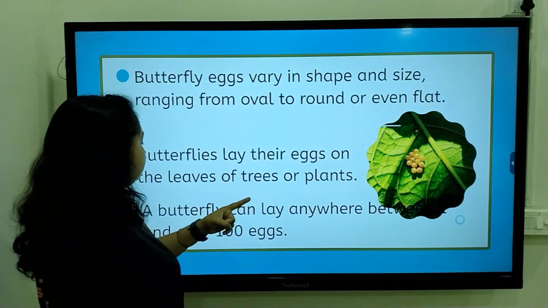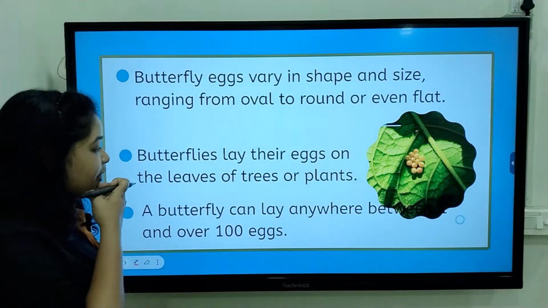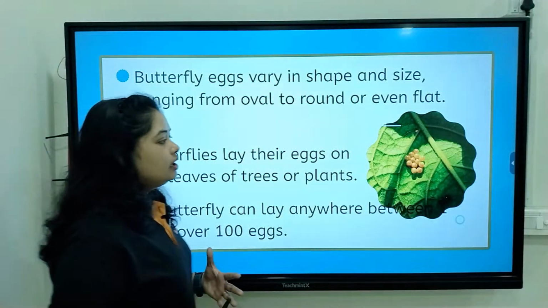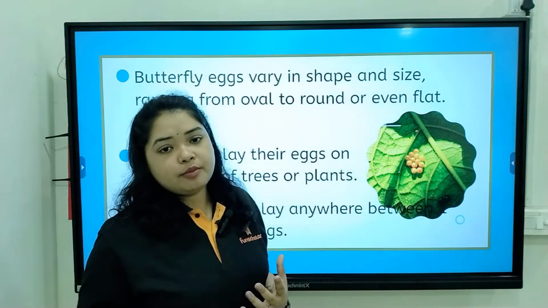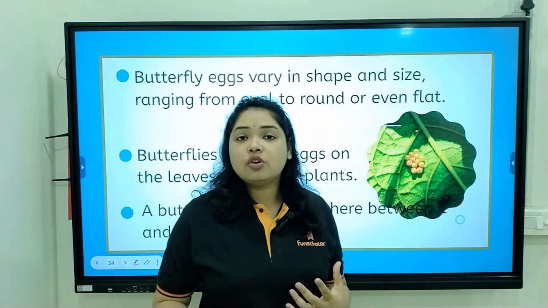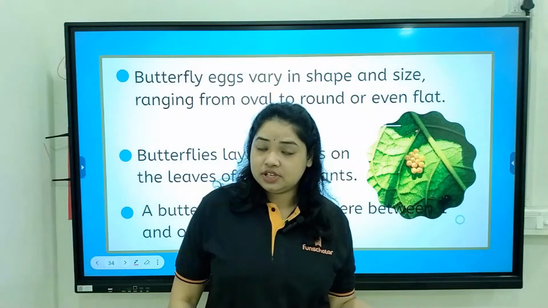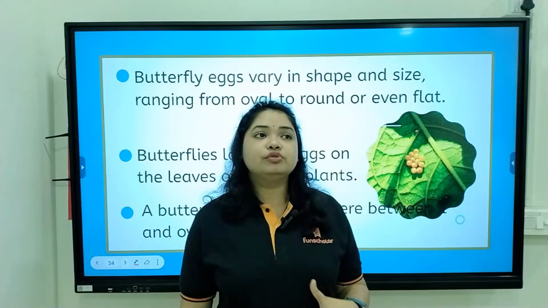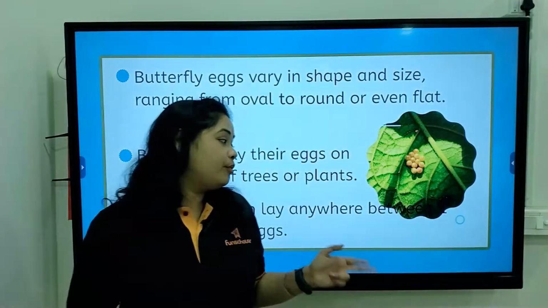Butterflies lay their eggs on the leaves of trees or plants. Why? For two reasons. Number one, when the eggs hatch, the larva that comes out will be able to feed on the leaf which is present at its disposal. That means immediately near to it, it will not have to go on searching for food. And number two, for protection.